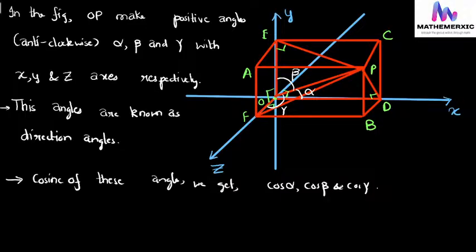So these are direction angles, and if you take the cosine, we get direction cosines. Direction cosines make it easy to represent the direction of a line and vector in space.